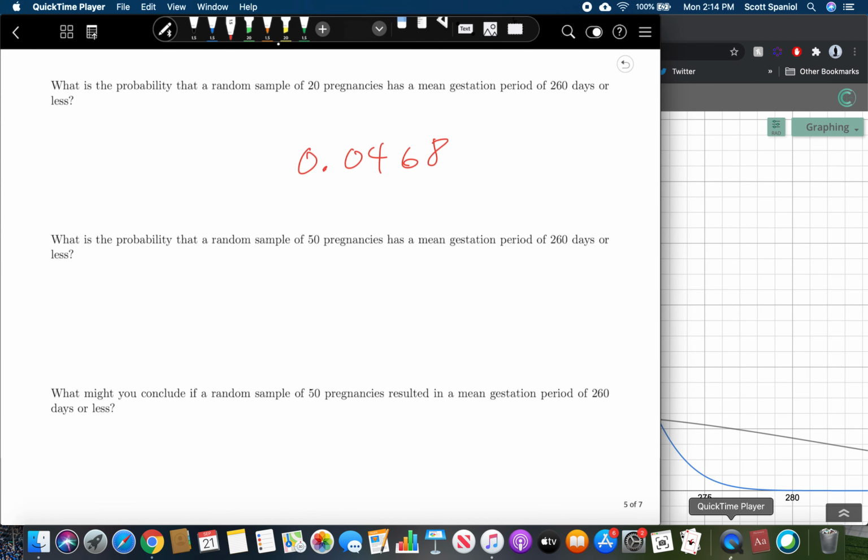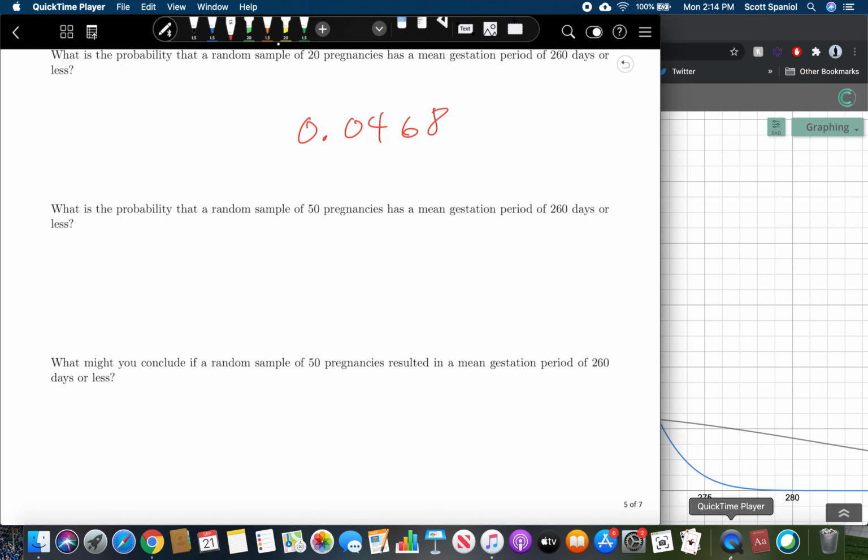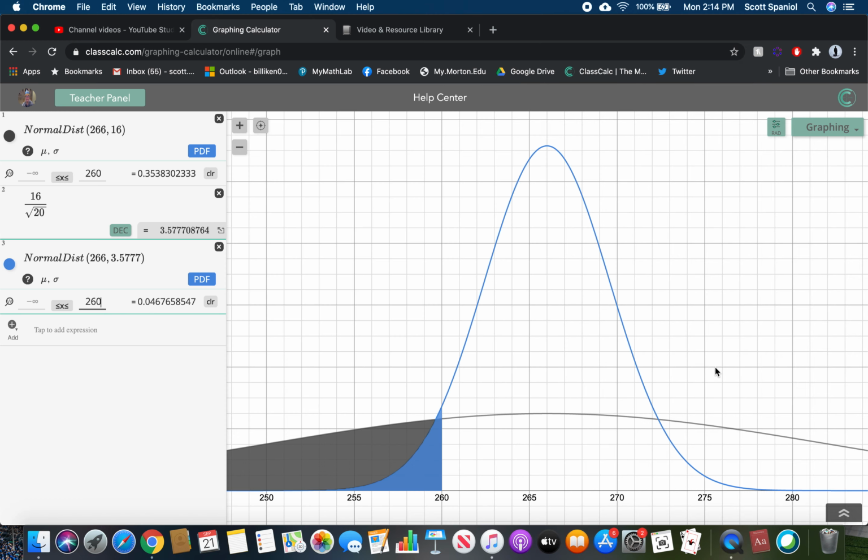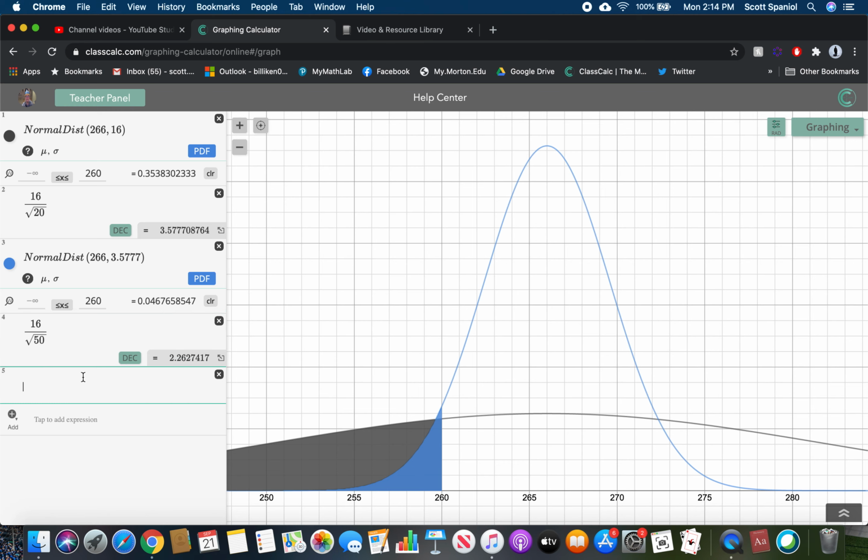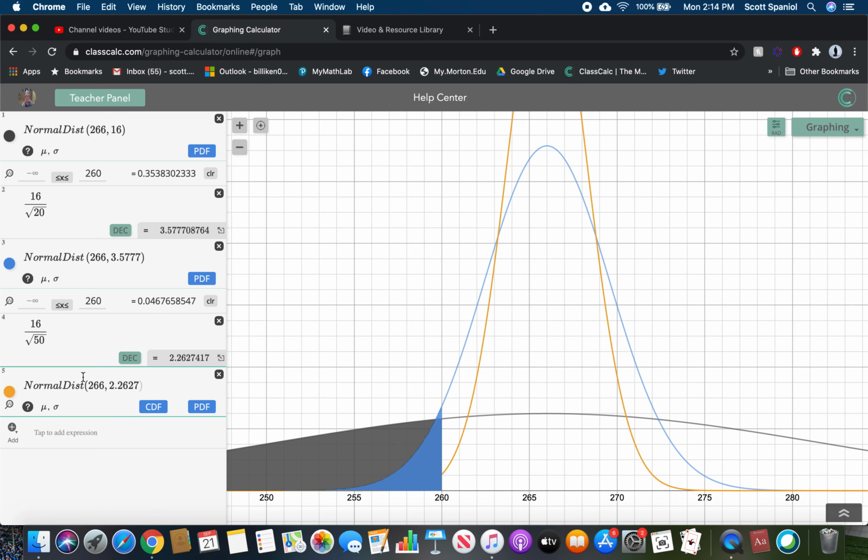And now we can continue to increase it, right? So what if we increase the sample size to 50? So we use 16 divided by the square root of 50. We can plug that into a normal distribution with the same mean and this new standard deviation, 2.2627.